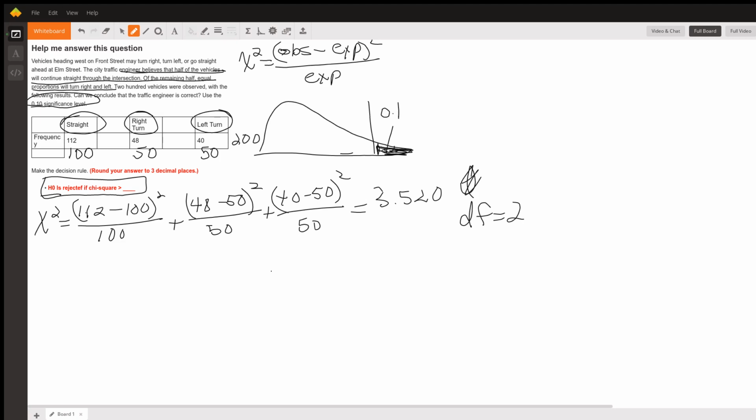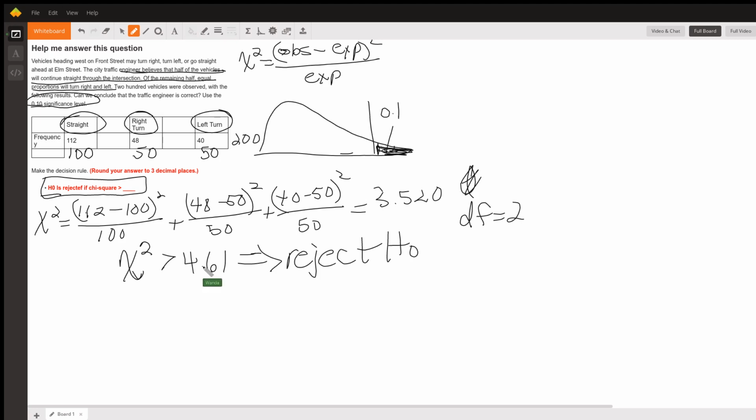So if my chi-square is greater than 4.61, then I'm going to reject H naught, the null hypothesis. And remember, our null hypothesis was that the distribution that we found matches what was expected by the traffic engineer.